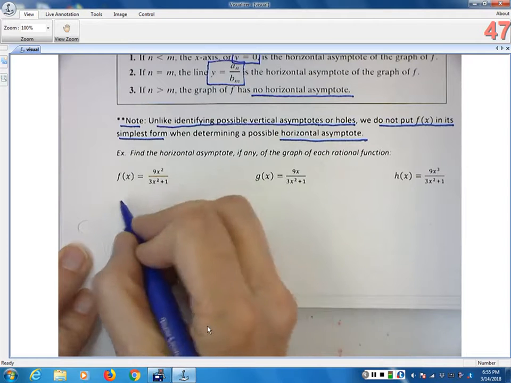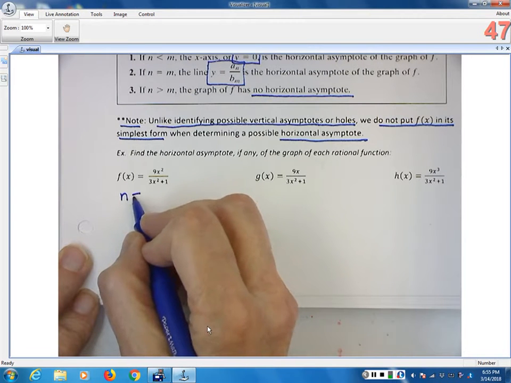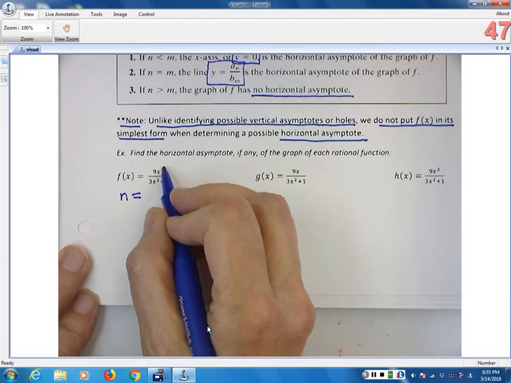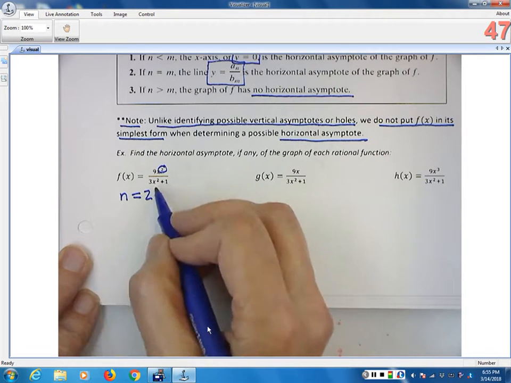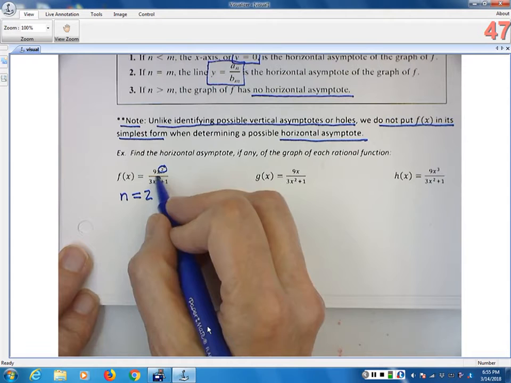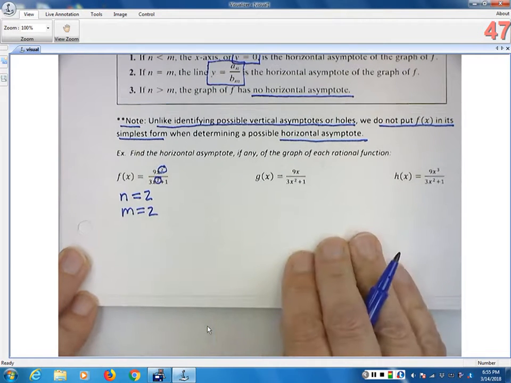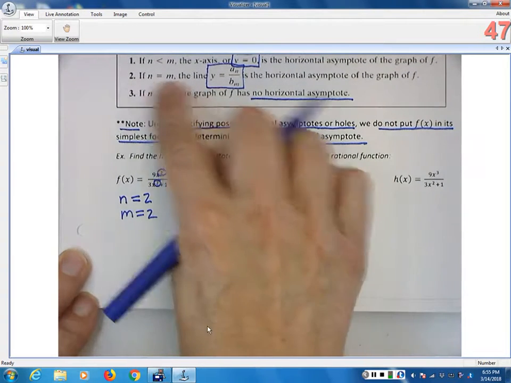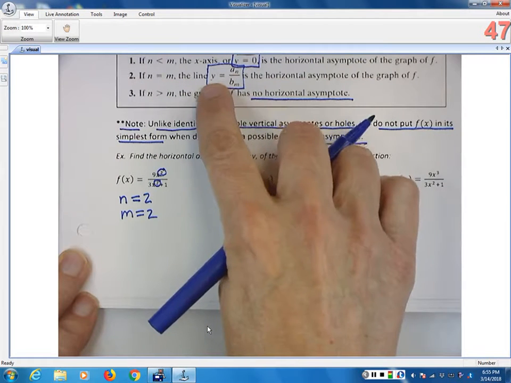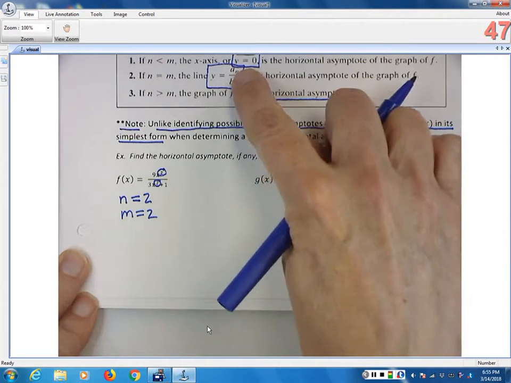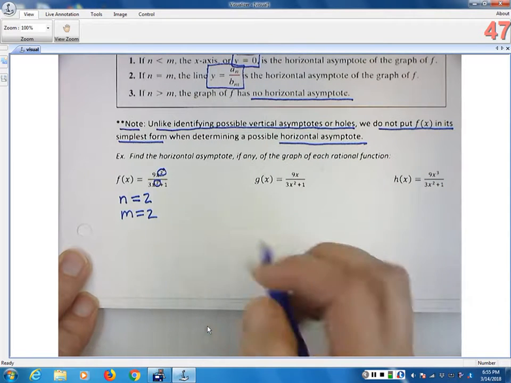So look at f of x equals 9x squared divided by 3x squared plus 1. What's the degree of the numerator, or the top of the fraction? It's 2. What's the degree of the denominator? It's also 2. So we follow rule number 2 up there that says if the degrees are equal, y equals the leading coefficient of the numerator divided by the leading coefficient of the denominator is the horizontal asymptote.